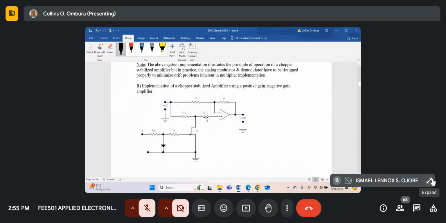So here is one of the modulators over here. You people are supposed to be experts with op-amps because you draw them as a triangle with a positive input, negative input, and an output. Let's see why this implementation is called a positive gain, negative gain amplifier.